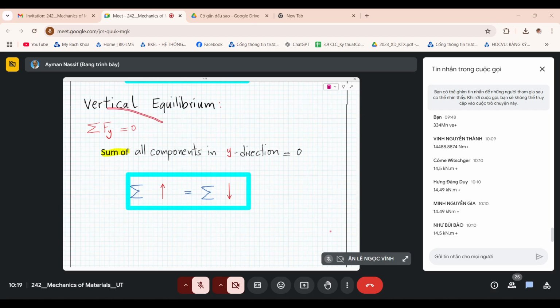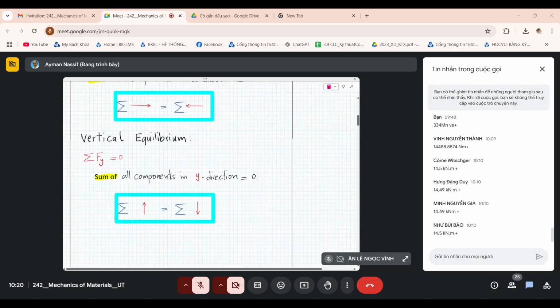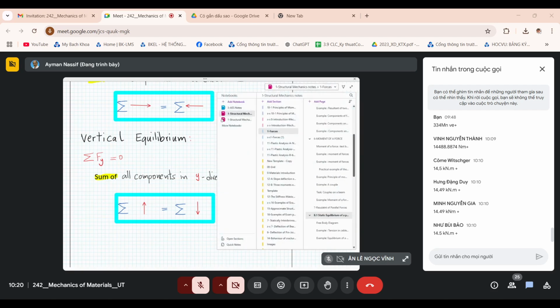Or mathematically, the sum of all the components, using pluses and minuses, must be equal to 0. So this is a very basic idea, but really very important, as you will see when we analyze trusses.